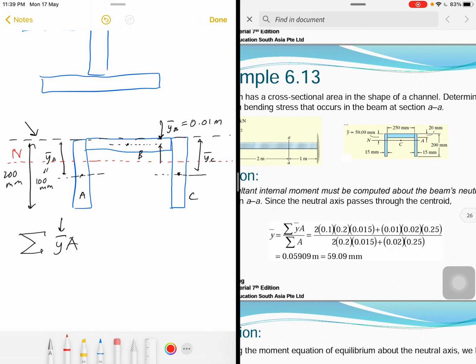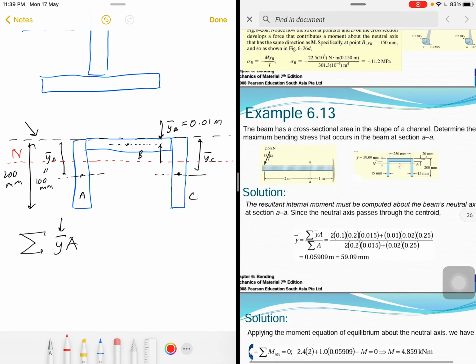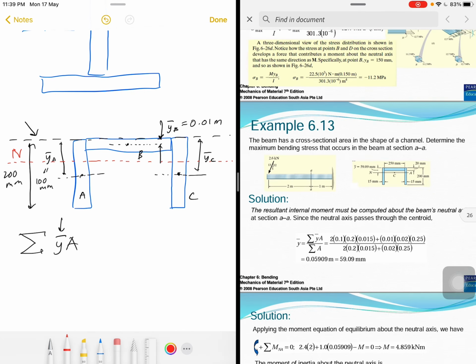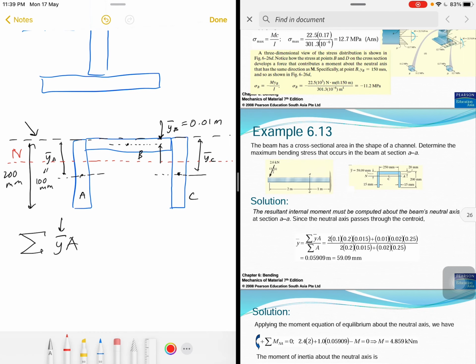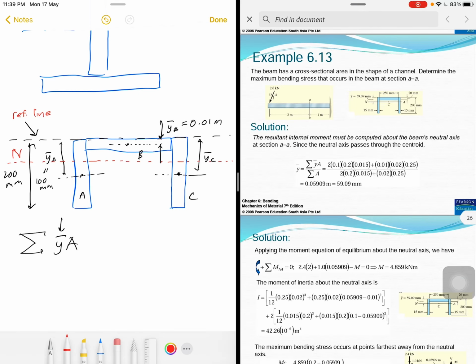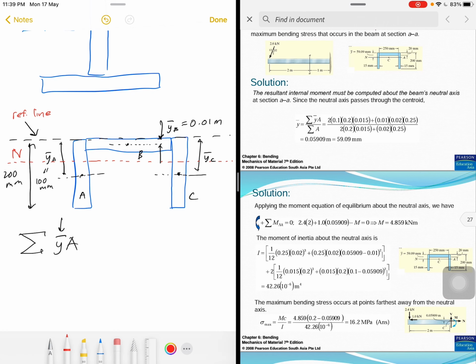We can put N. So now we are able to find the location of the neutral axis from the reference line. So this is how you find the neutral axis location.